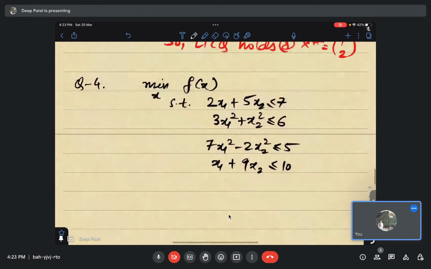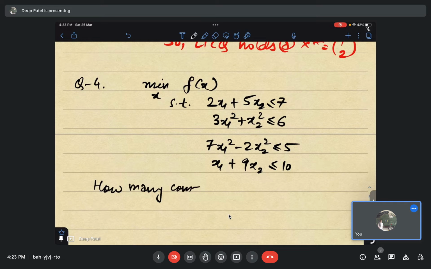So these are my constraints, and the question is pretty straightforward. How many constraints are active at x star is 1 comma 1?